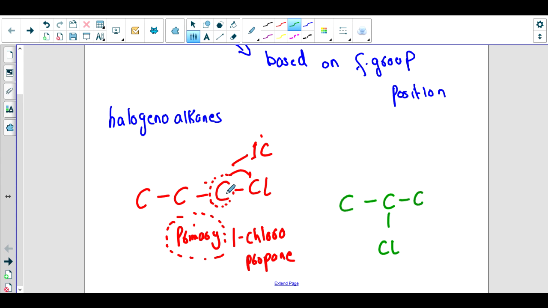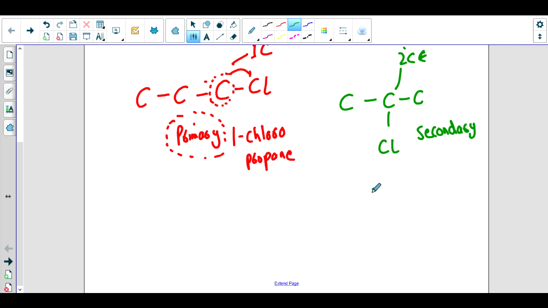Here, if you see, it's connected to one carbon only, and here the one which is connected to chlorine is further connected to two carbons. When it is connected to two carbons, we say it is a 2-degree carbon, and this time this halogenalkane is called secondary. This is secondary, and what will be the name of this compound? This will be 2-chloropropane.